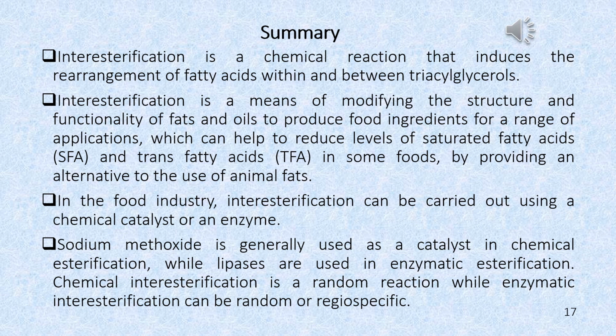And the second difference is that the chemical interesterification is a random process or a random reaction, while the enzymatic interesterification has two possibilities. It can be random or regiospecific.